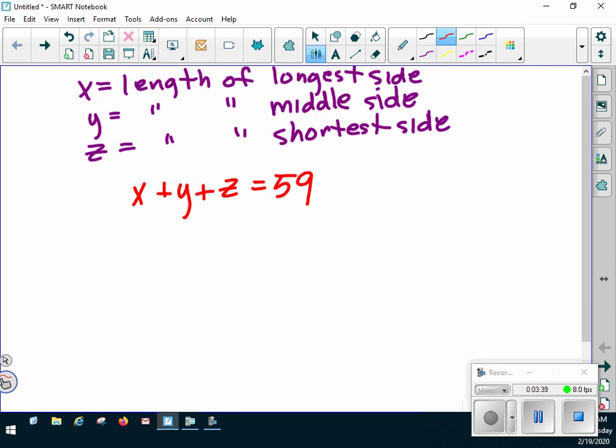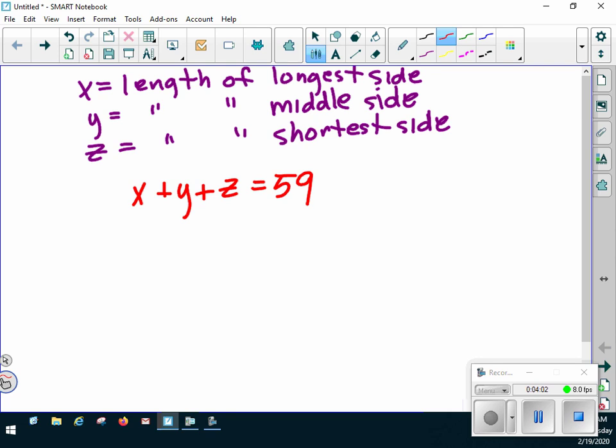Now let's look at the next sentence. The longest side is 11 inches longer than the medium side. What does the word is mean in math? Equals. So when you are translating, remember we're translating one language to another, English to math. When you see is, it's equals.